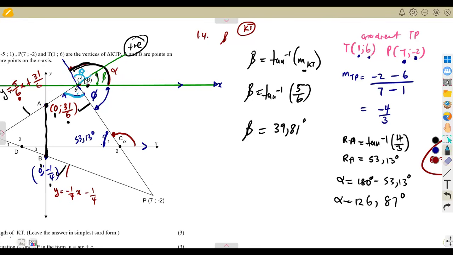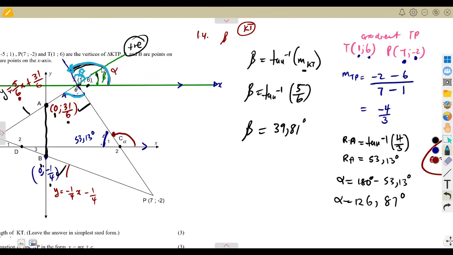So if they are vertically opposite angles, how do you calculate this angle? Like I said, I'm not going to consider this phi that I indicated, because it's going to take us a lot of time. Let us just consider these two. This alpha minus this beta gives us the theta, because we are seeing that theta plus beta gives us the whole of this alpha.